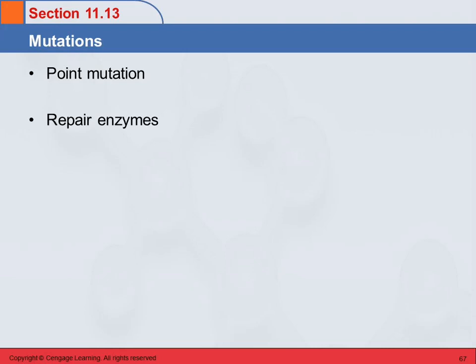Your book, which is really thorough on lots of other things, is really sketchy on the mutations thing. There are different kinds of mutations, and I'll try to explain this to you. First I have to actually open the drawing window. Let's stick with the DNA.